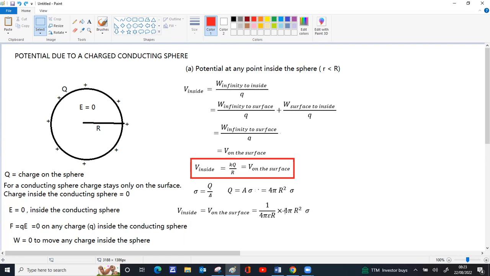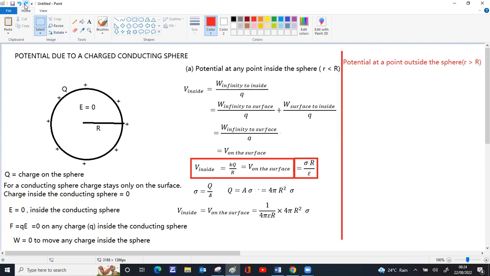The 4 pi and one r get cancelled. It comes as sigma r by epsilon. This is another expression in terms of surface charge density and radius. The other is in terms of charge and radius with 1 by 4 pi epsilon. The potential inside and on the surface are both the same, which is kq by r or sigma r by epsilon.